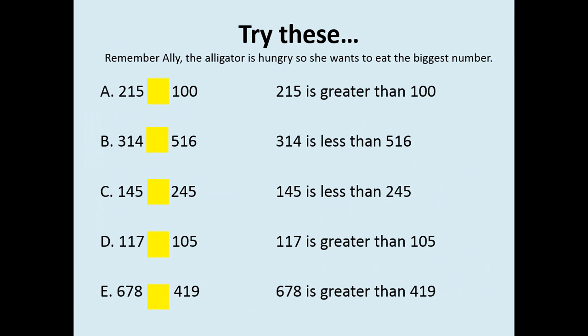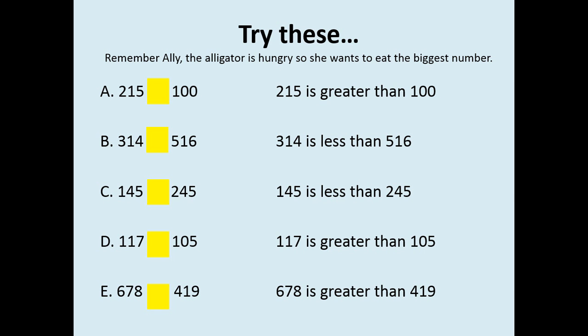Let's try these on our own. Remember, Ally the alligator is hungry, so she wants to eat the biggest number. Take a look at letter A. Compare 215 to 100. How many hundreds on that first number? If you said 2, you are right.